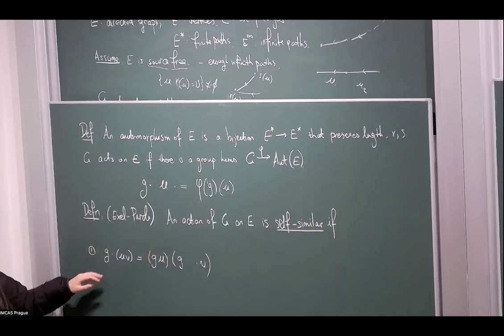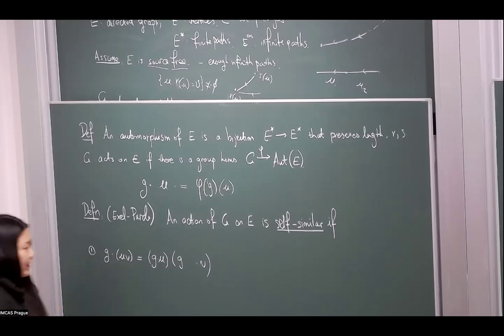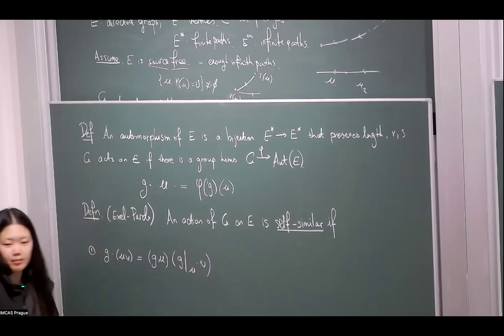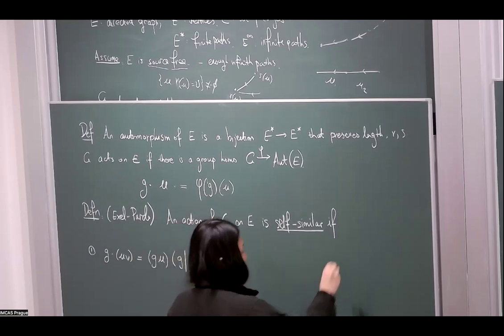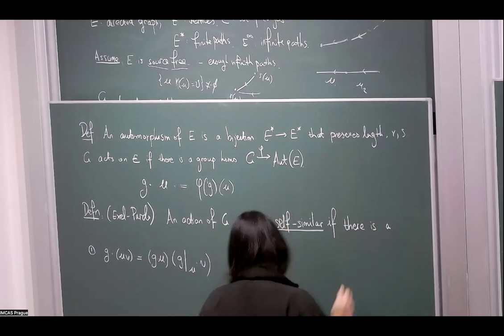So the basic idea is that after you let G act on the first segment of your finite path, you will allow a little bit of twist of your group element. So this group element is twisted to some other group element, but this rule is witnessed by something called a restriction map.